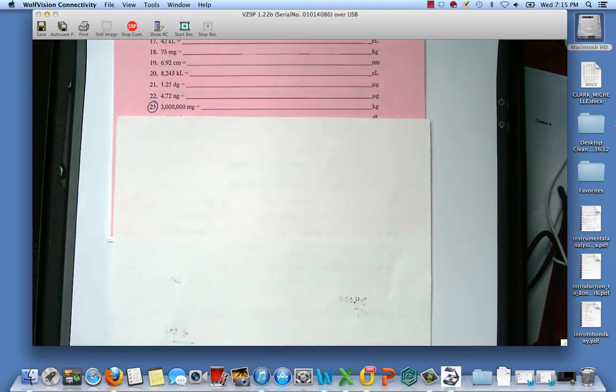When you're working these conversion problems over and over again, rewriting that ladder is really helpful.